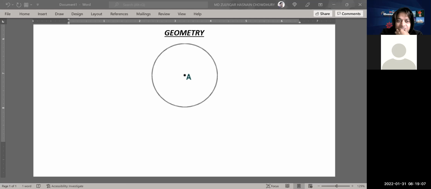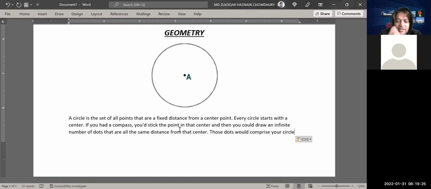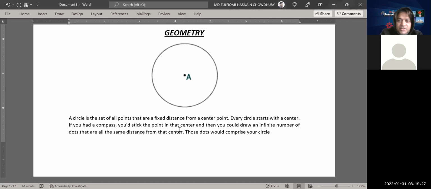So we got two things. One is center, the other is circumference. So let's try to define a circle. Can you read it now?